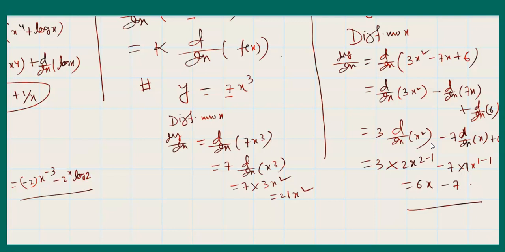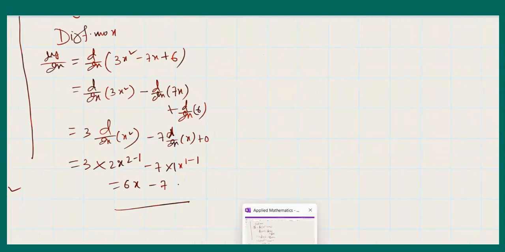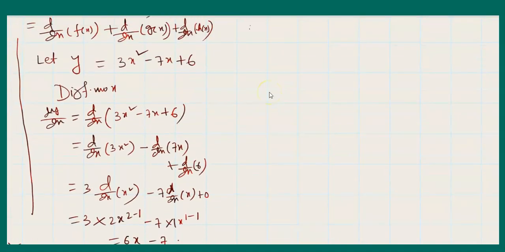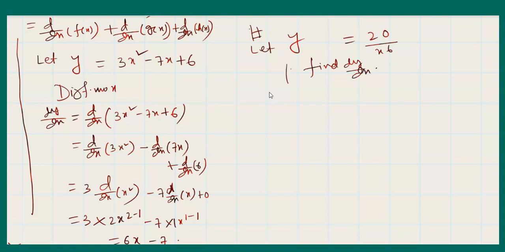If there is a combination of two or more functions, we can proceed in this manner. There may be a function like this also. They have asked you to find the derivative of, say, y equal to 20 by x to the power 6. Let's find dy by dx. How to do it?